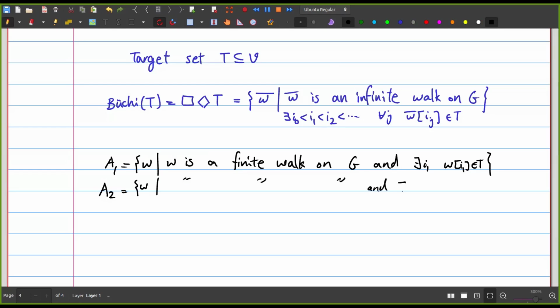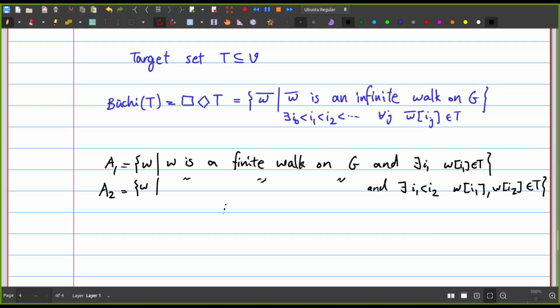So there exist two indices, I1 and I2, such that W_I1 and W_I2 are both in T.